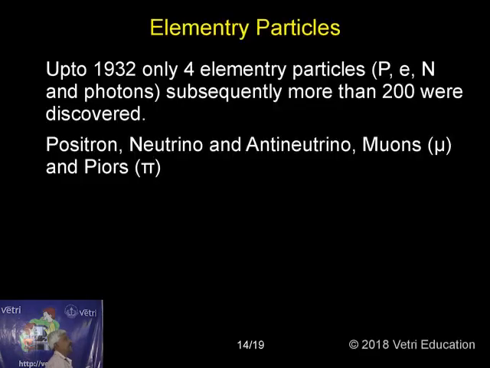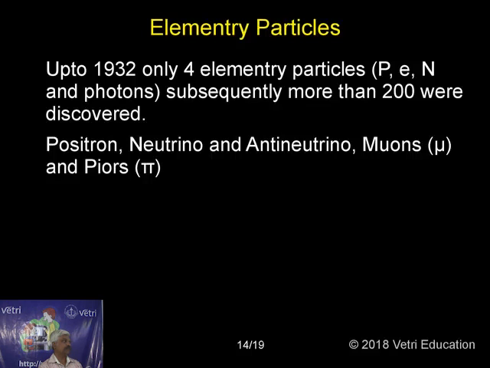And what is an elementary particle? We think of the proton, electron and neutron inside the nucleus. Among that there are so many particles. At first meson, pi meson, like that. So many elementary particles were discovered. Initially 4 elementary particles: proton, electron, neutron and photon. Subsequently more than 200 were discovered.